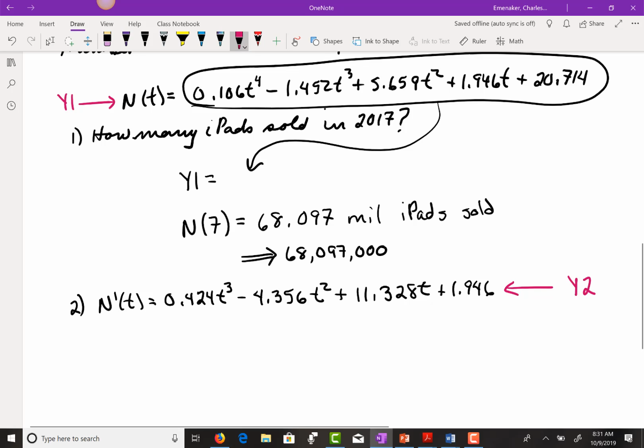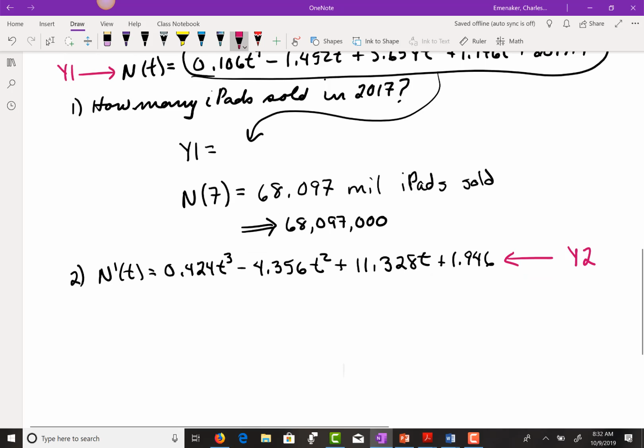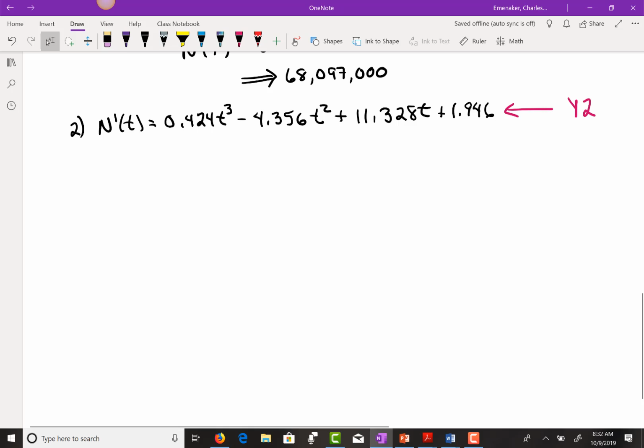The second derivative. And it makes it very easy then, because when I go to the table function, remember on that table function it's set up to look like x, and it'll say y1, y2, and then you've got to move over, and it'll also show you y3.